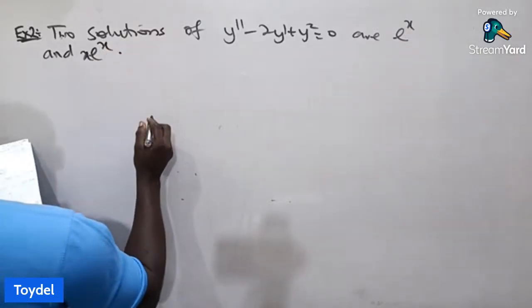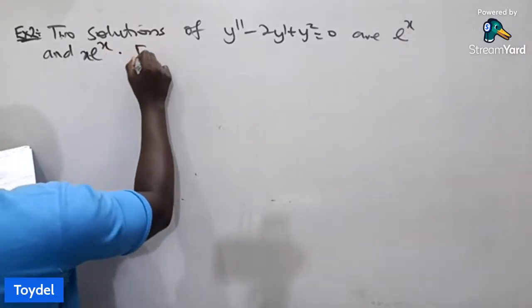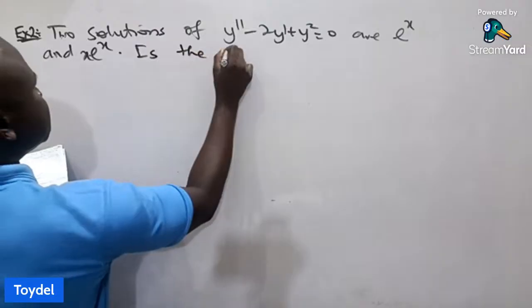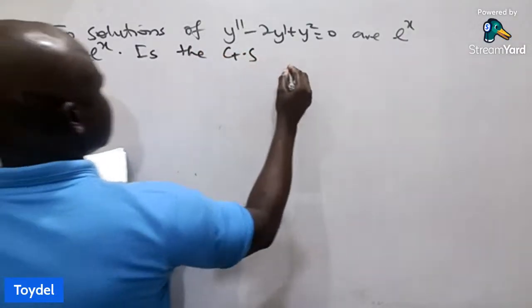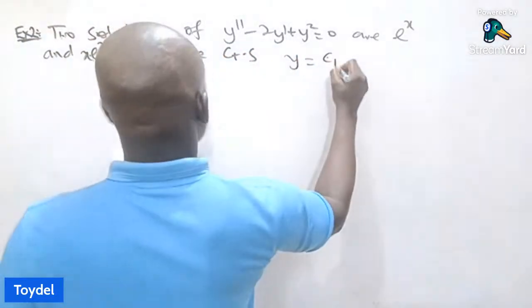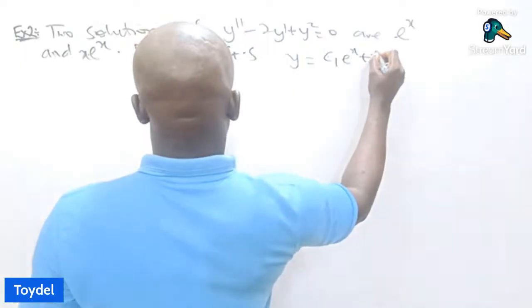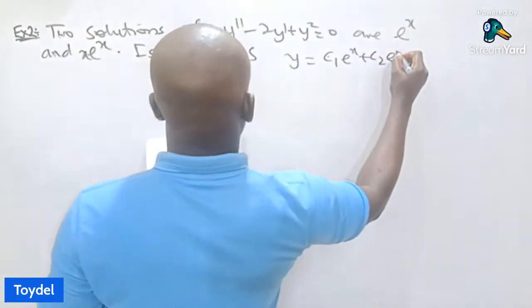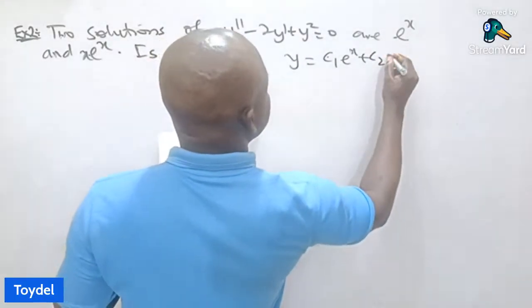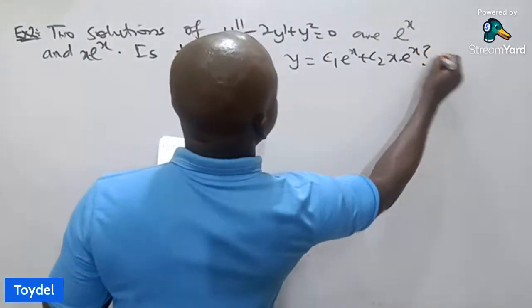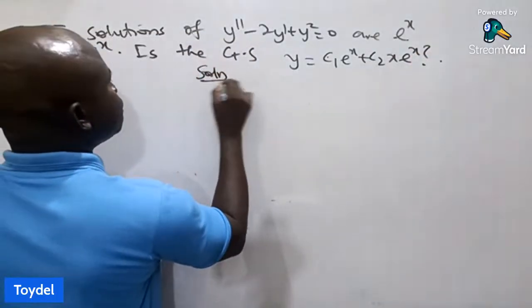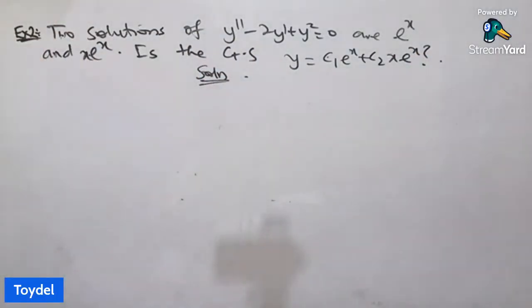So the question now is, is the general solution y equal to c1 e^x plus c2 x e^x? How do we determine if this is the general solution?